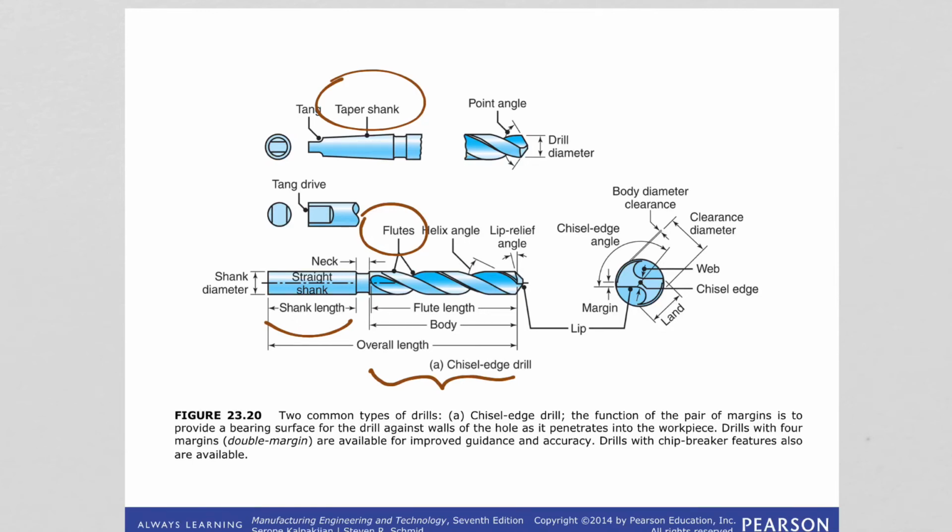We see body clearance that is here, and it is the part of the drill body that has been reduced in order to cut down friction between the drill and the wall of the hole.